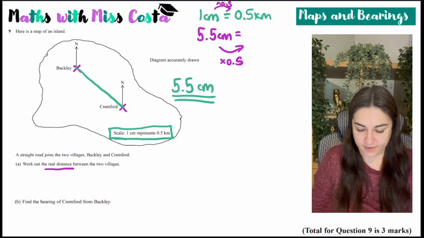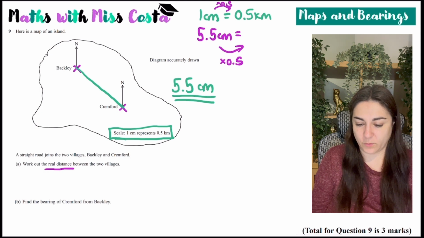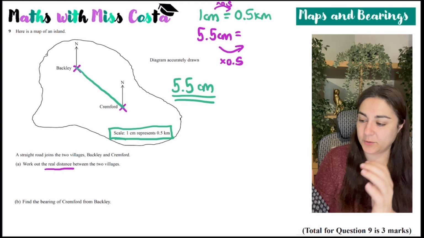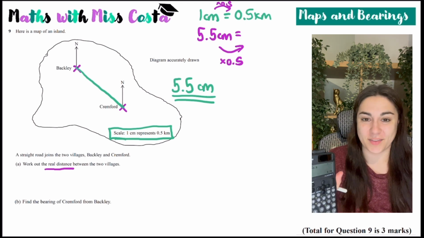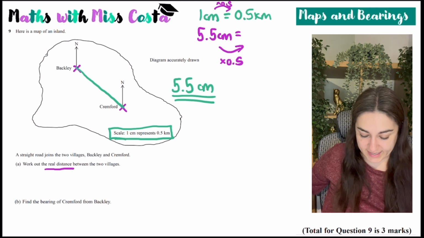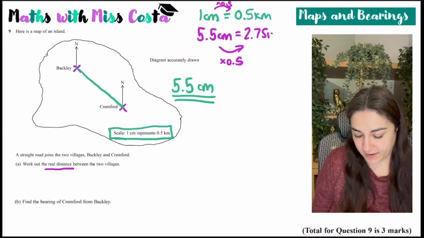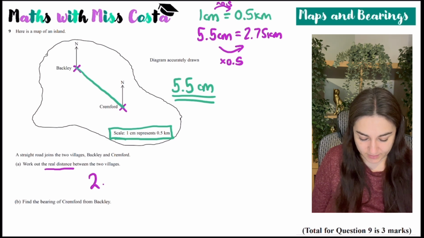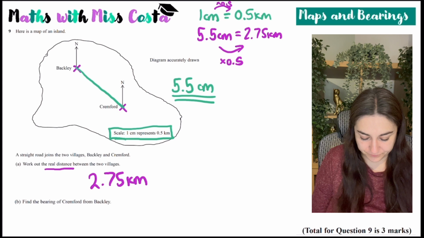So 5.5 times by 0.5 equals 11 over 4. So remember, if you get a fraction, you can press the format button and decimal, which is not the most convenient of things. You used to have the SD button, but hey. Then it's 2.75 kilometers in real life. So we'd write that down.